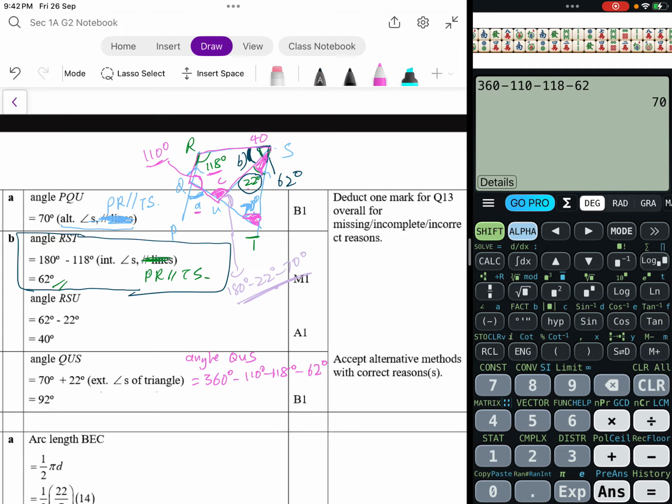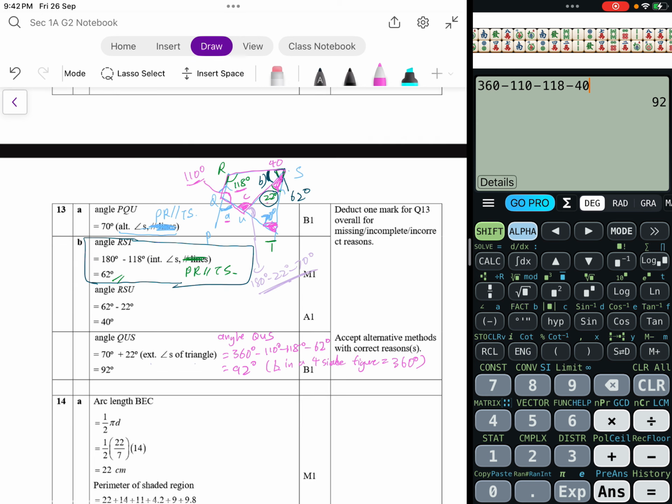My mistake, so it's minus 40. You still get the same answer, 92. So angles in a four-sided figure equal 360 degrees. So that's for question 13.